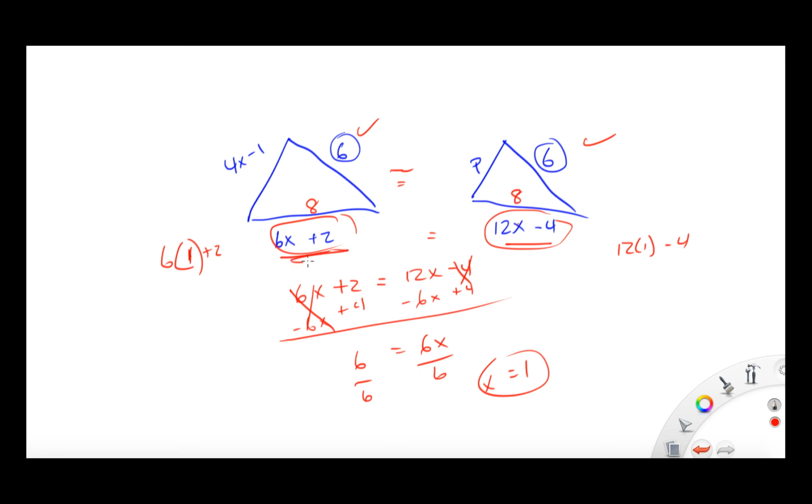So even though these look different, it's the exact same number and result. So we get 8. And then we can solve for other things. Okay, if we know what x is, if x is 1, 4 times 1 minus 1 is 3. So we know what p is. p is 3. This is 3. 3, 6, 8. 3, 6, 8. We have solved these problems.